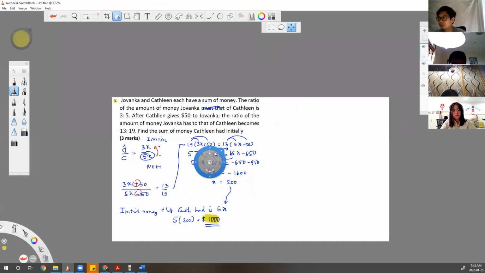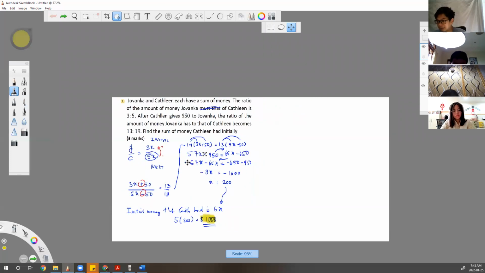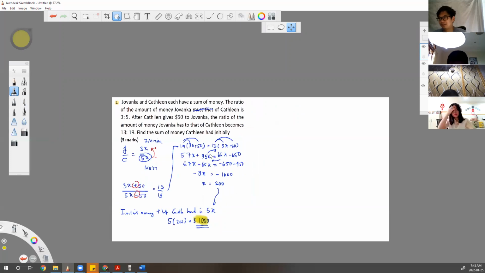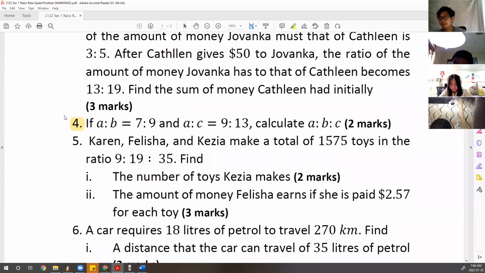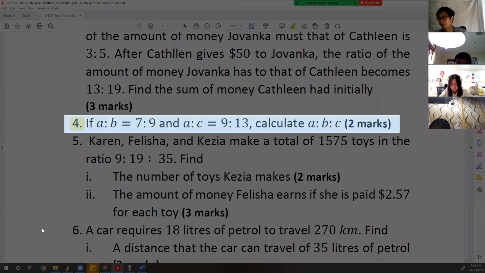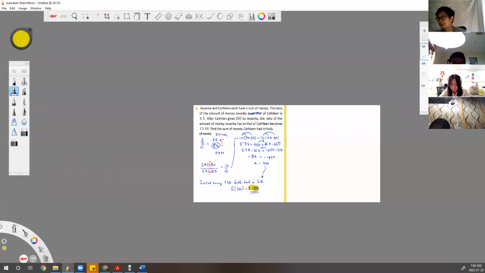Okay, I think I need to put it like this for number 4. Let's do number 4. You have to make sure that the unit is the same. Okay, this is quite challenging, but we already did this before.